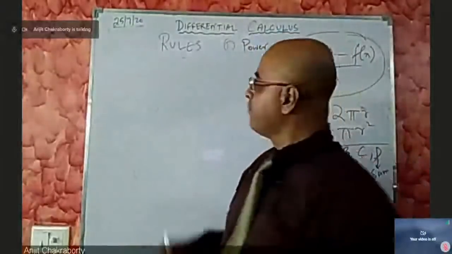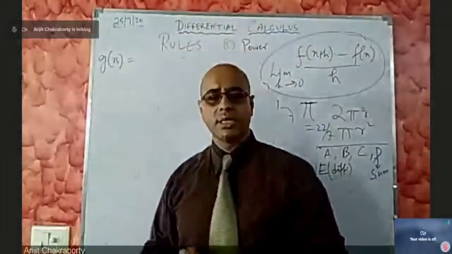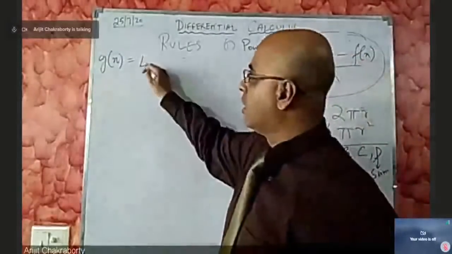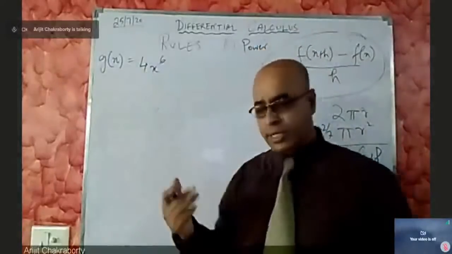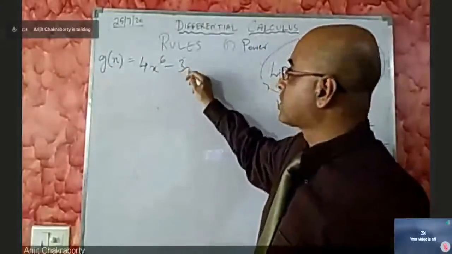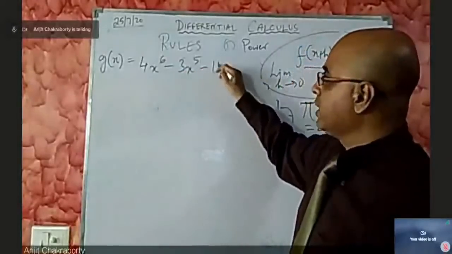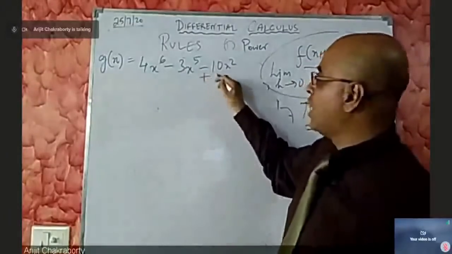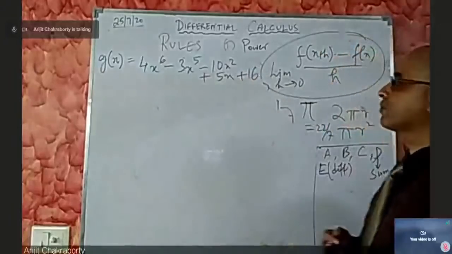So I am taking g(x), a function of x. g(x) is equal to 4x to the power 6 minus 3x to the power 5 minus 10x squared plus 5x plus 16.